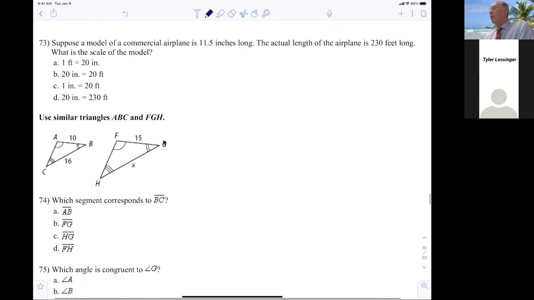Suppose a model of a commercial airplane is 11.5 inches long and the actual length is 230 feet long. So again, we're doing 11.5 inches is equal to 230 feet.